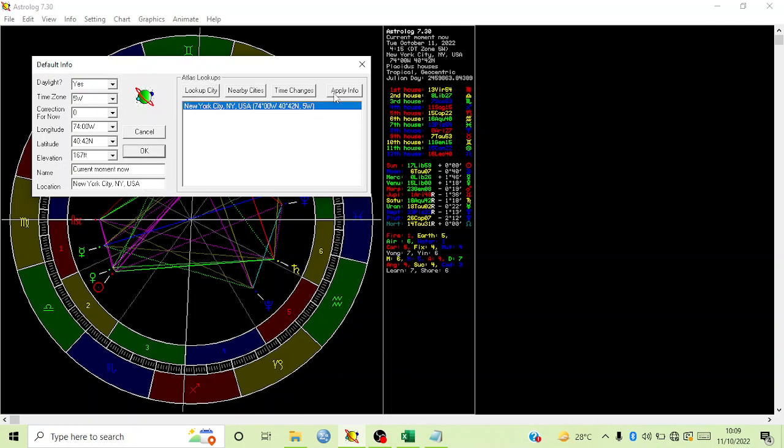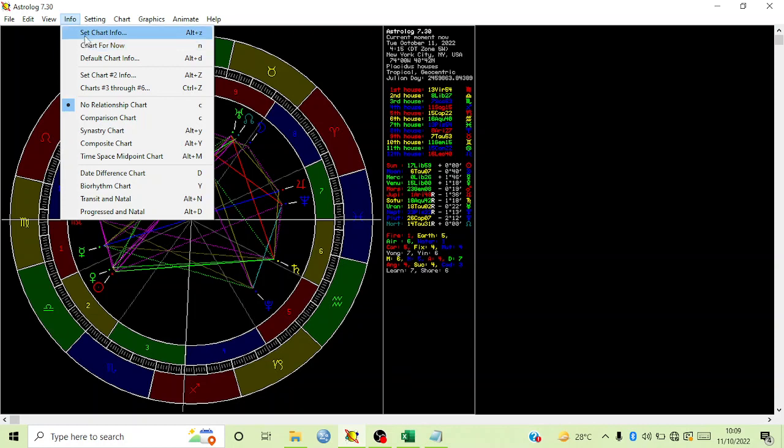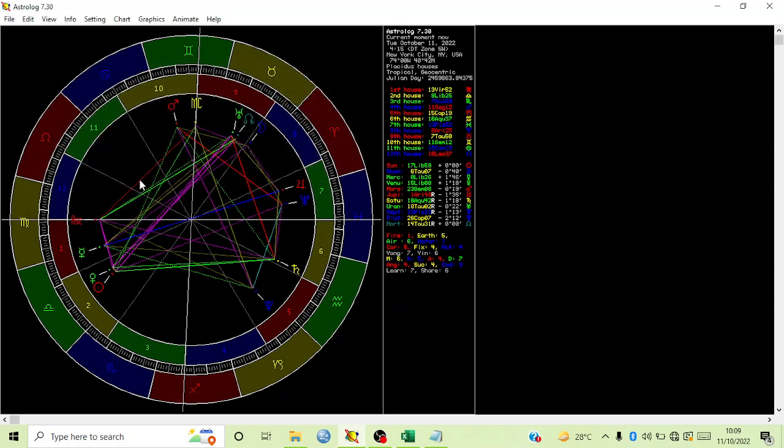So we'll go to New York City and simply apply. Even if we're going to chart info, we can do the same: go on location, city, apply, and then click OK.